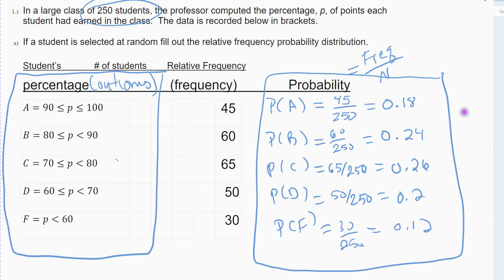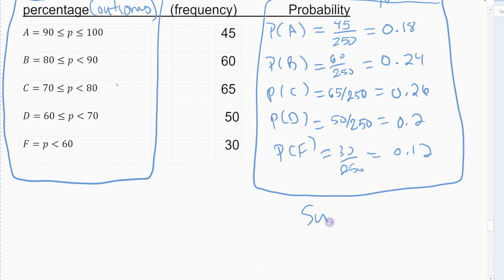If you take the sum of all of the probabilities, it should come to 250 out of 250. You add up the fractions, or if you add up the decimals, it should also come to 1.